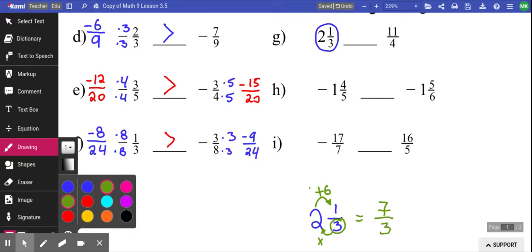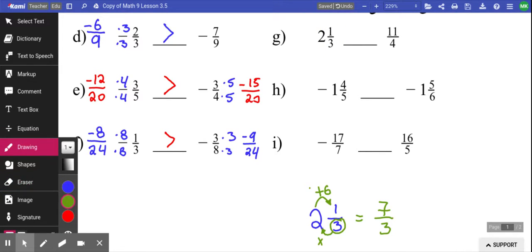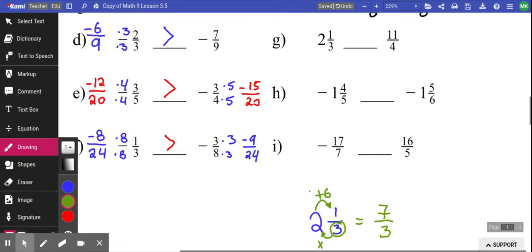We did a bunch of practice on that Monday or before Christmas, I can't remember. It's been a while. So you take the bottom number, multiply by the big number, and add that to your numerator. So instead of saying 2 1/3, I can say 7/3.